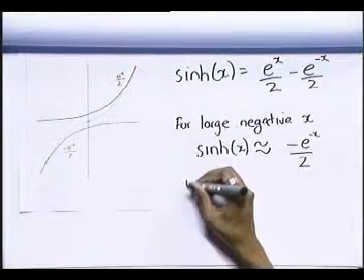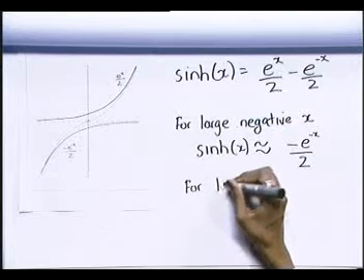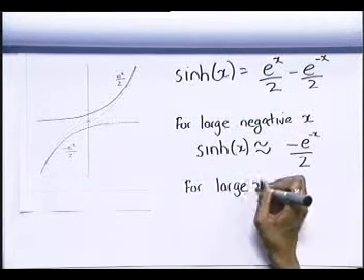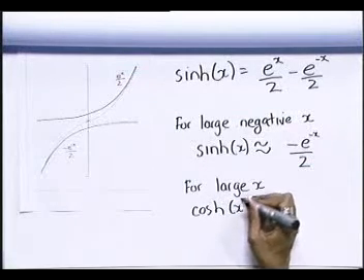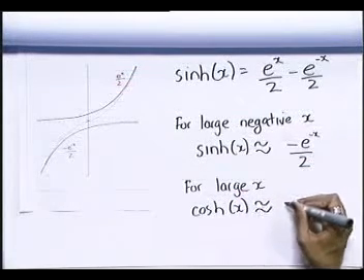Now you've noticed that sinh x for large x is close to e to the x over 2. And cosh x also, remember, was close to e to the x over 2 for large x. So that must mean for large x, cosh x and sinh x are very close together.